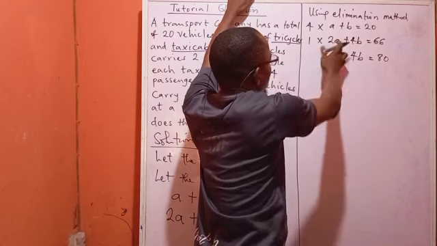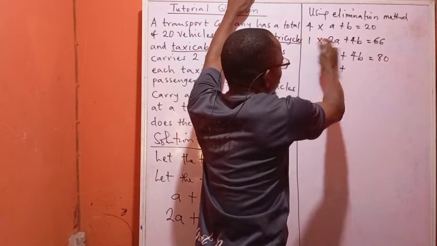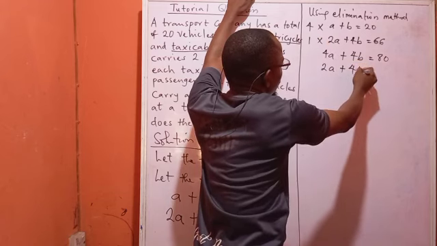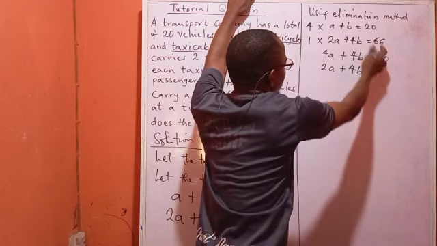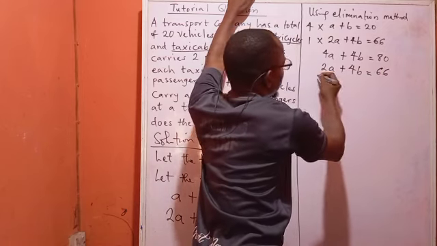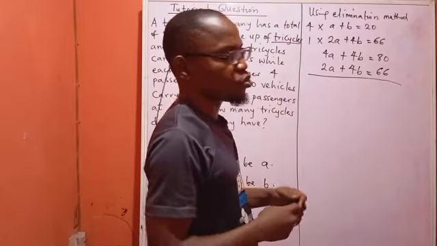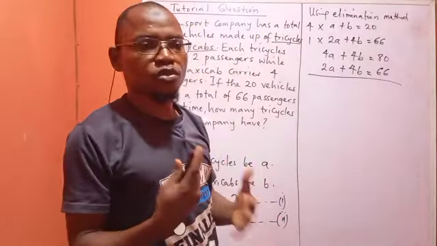Let's look at the lower one. 1 times this gives me 2a plus 1 times 4b, that will be 4b, equals 1 times 66, that's 66. With this, we can now do our elimination, and for elimination we have to subtract.